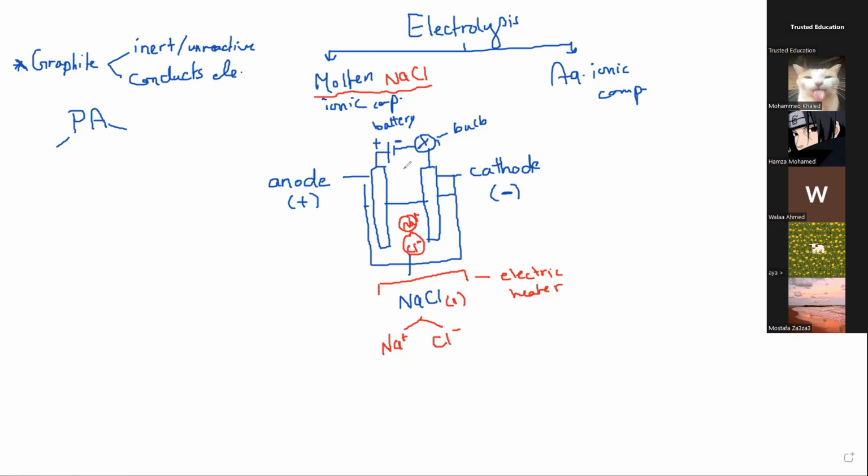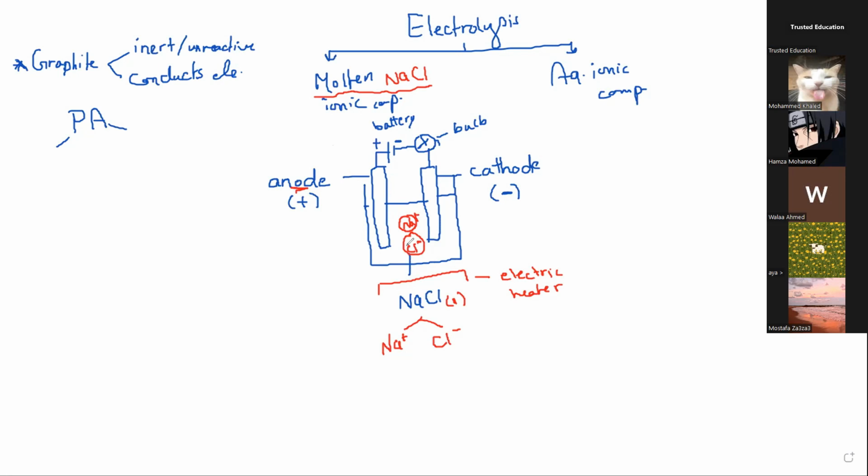According to the attraction, opposites attract each other. So which one of them will be attracted to the anode? The chloride or the sodium ion? Which one will be attracted to the anode? The sodium ion or the chloride ion? Hello? Anyone?